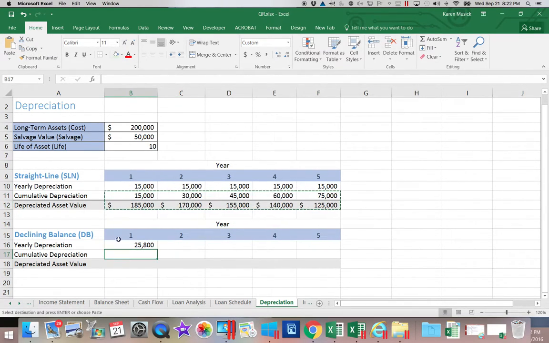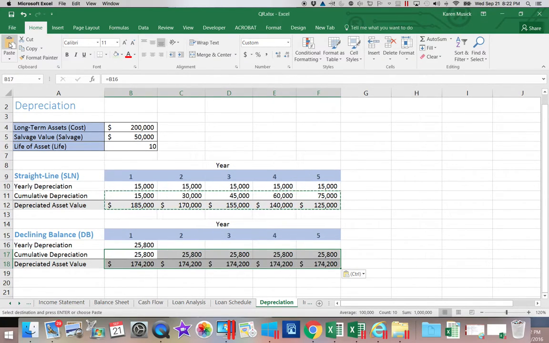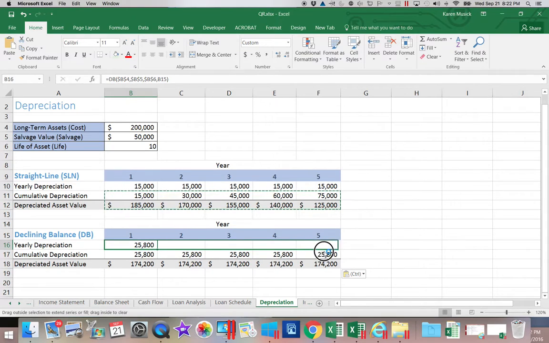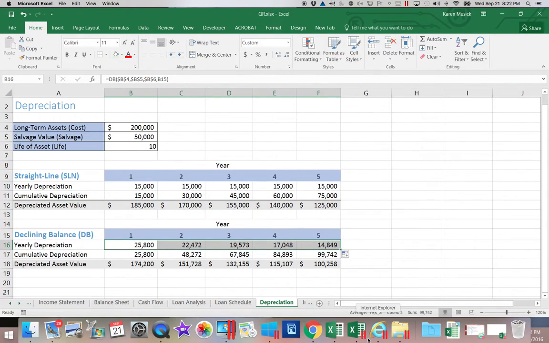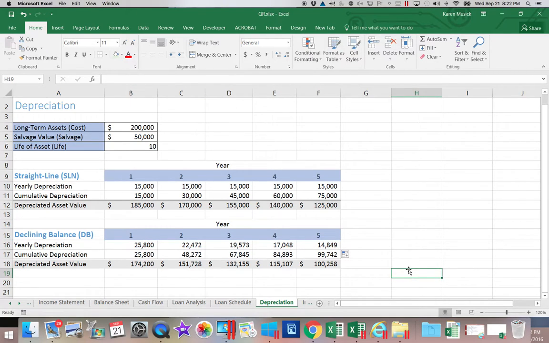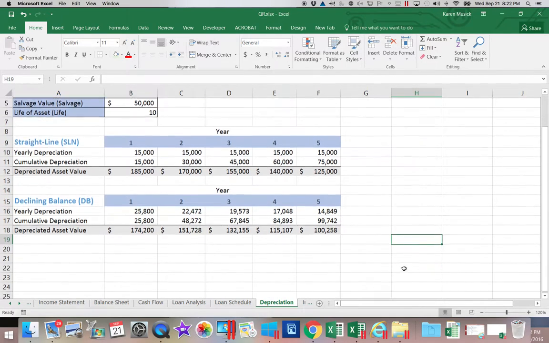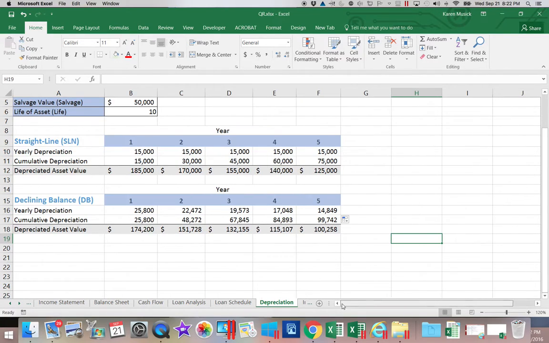Come down here and click Paste. Then let's go ahead and drag this across. So as you can see, the yearly depreciation started higher and got lower.